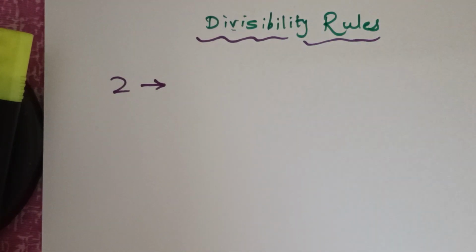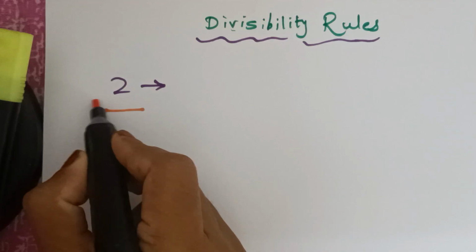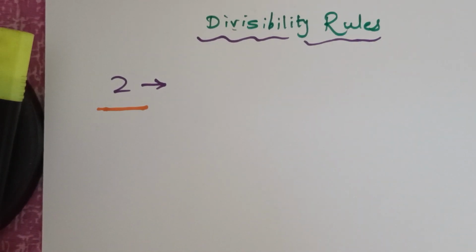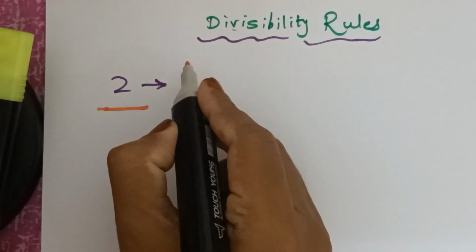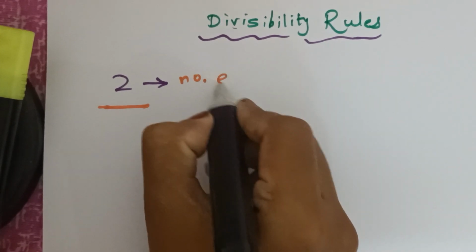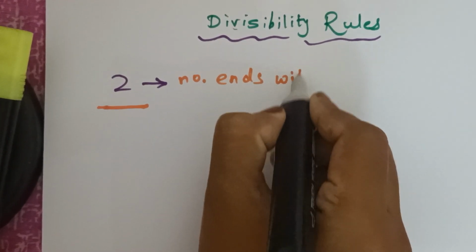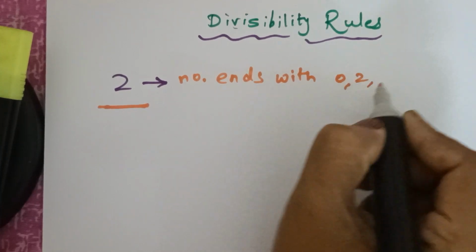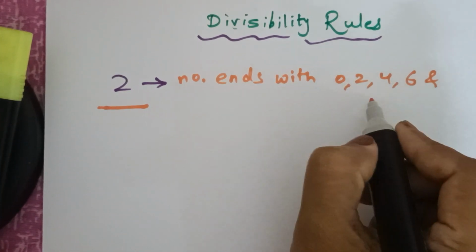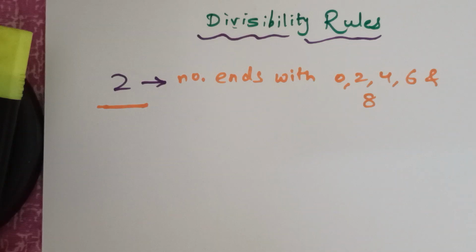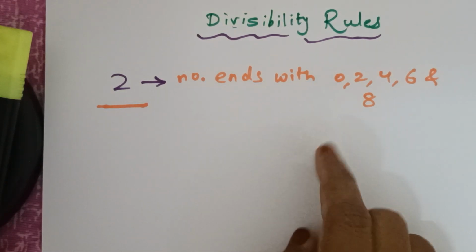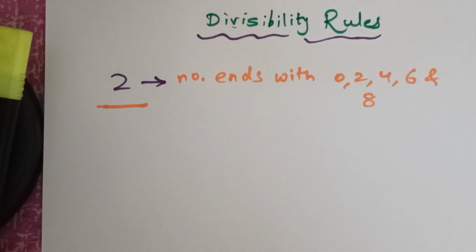So I have a rule for that. How to check whether a number is divisible by 2? What is the divisibility rule of 2? If a number ends with 0, 2, 4, 6 and 8, or simply if the last digit is 0, 2, 4, 6 or 8, then you can say the number is perfectly divisible by 2.